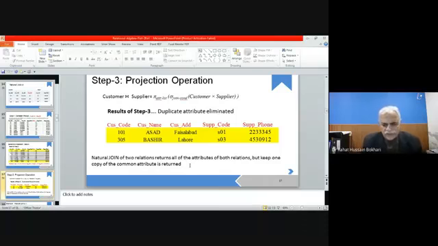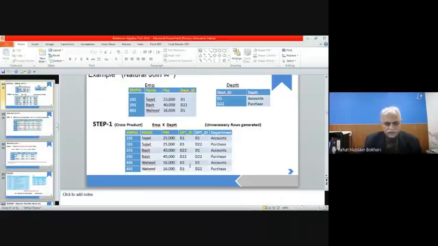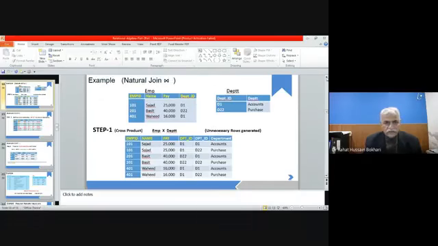So these are the three steps that we have to carry out in order to have the natural join of two tables. This is another example, and you see one table is employee, and the second table is department, let's suppose. And you have seen there is a common attribute within the two tables, dept ID and dept ID.